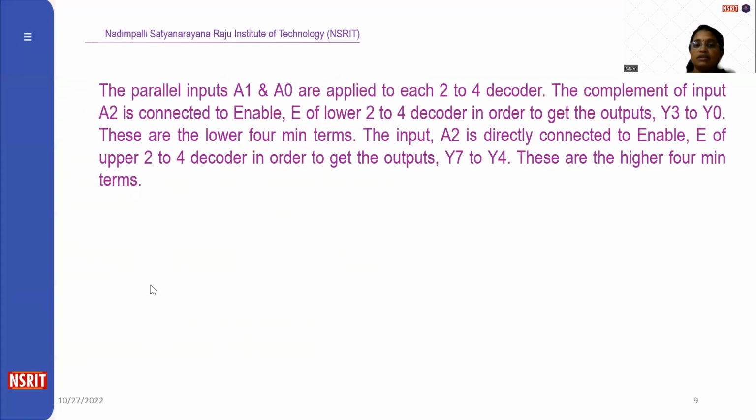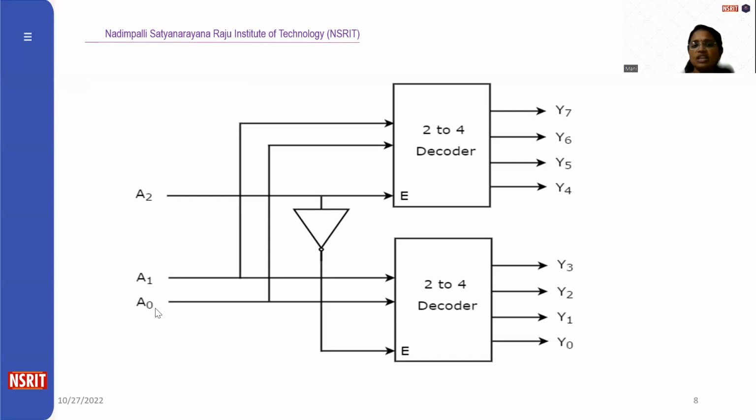So let us consider one combination, 0, 0, 0. The MSB is 0, the middle bit is 0, the LSB is 0. For a 3 to 8 decoder, we should get an output at Y0. So let us check 0, 0, 0. A2 will act as an enable pin.